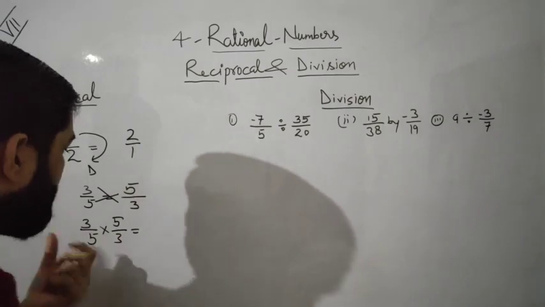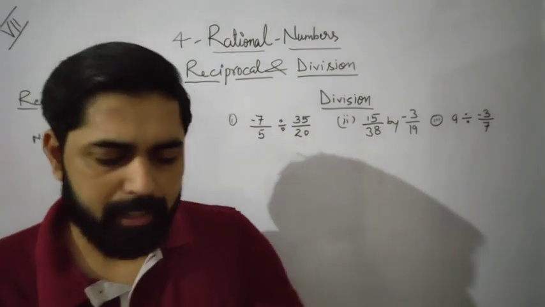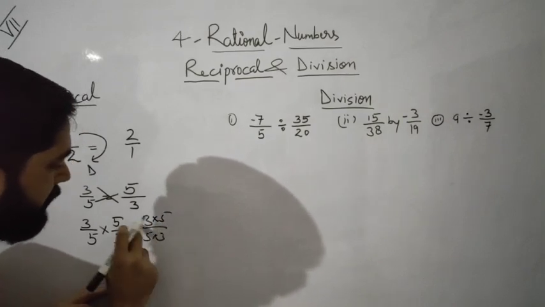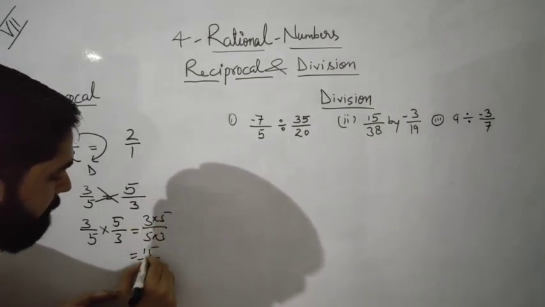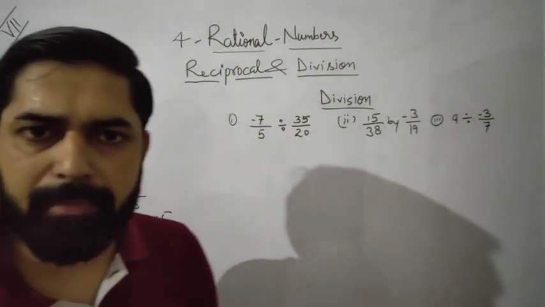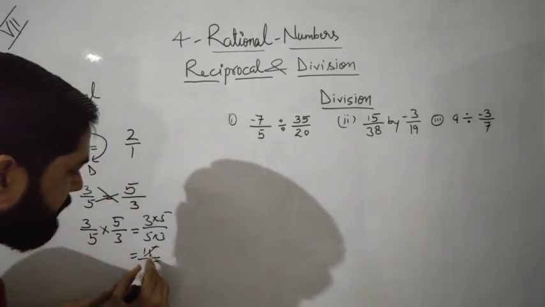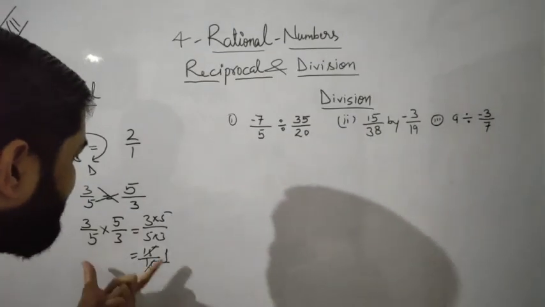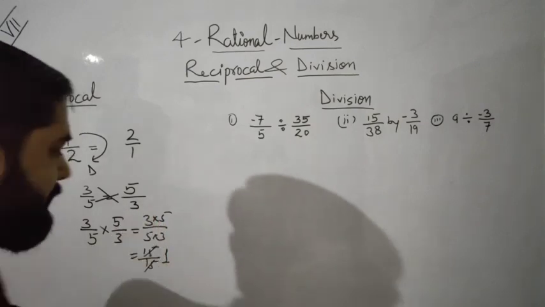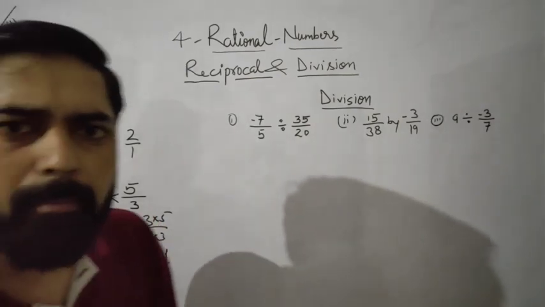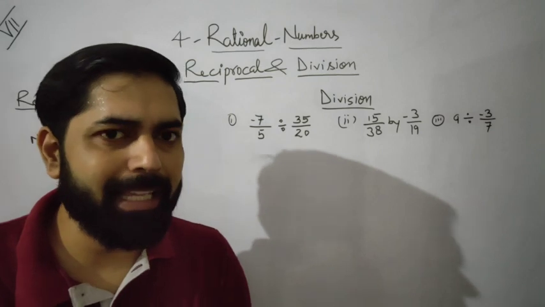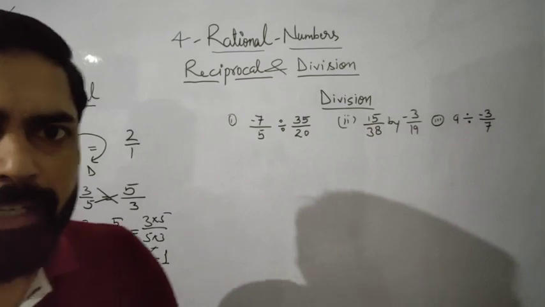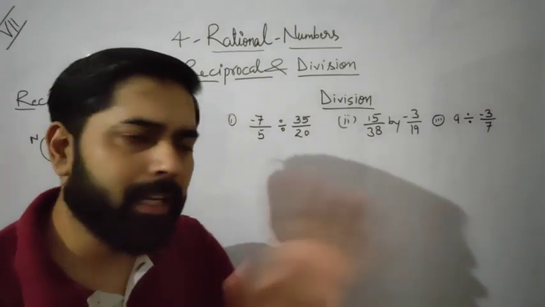Now multiply both numbers: numerator to numerator and denominator to denominator. 3 fives are 15 and 5 threes are 15. So 15 and 15 cancel, you get 1. This is also a rule: if you multiply any two rational numbers or natural numbers and get the product 1, then that number is the reciprocal of the given number.